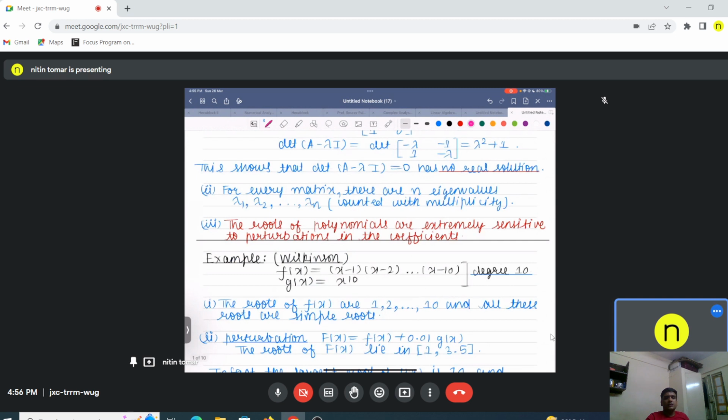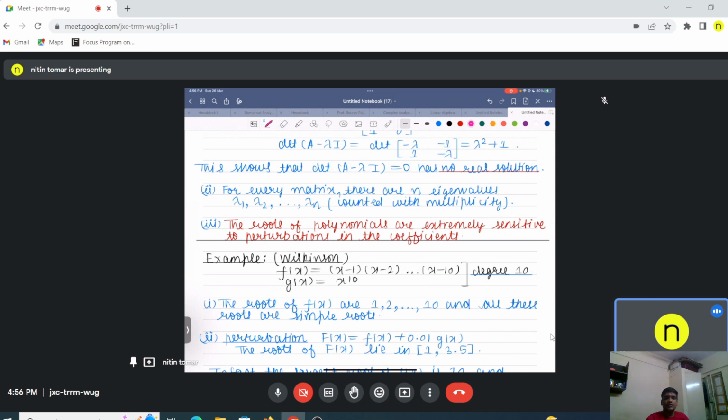Now because the characteristic equation is a polynomial, it is important to study the roots of polynomials under perturbation, and this is due to Wilkinson. This remark says that the roots of polynomials are extremely sensitive to perturbations in the coefficients, and we have an example due to Wilkinson. You take the polynomial f(x) as (x minus 1) times (x minus 2) up to (x minus 10).